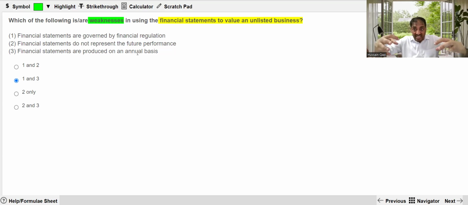So for the investor, it's a weakness of the financial statements. I know that there is no solution for this. So that means point number 3 is an absolute weakness with respect to the investor. So point number 2 and 3 is the correct answer.